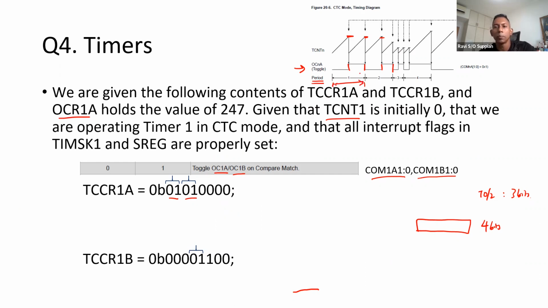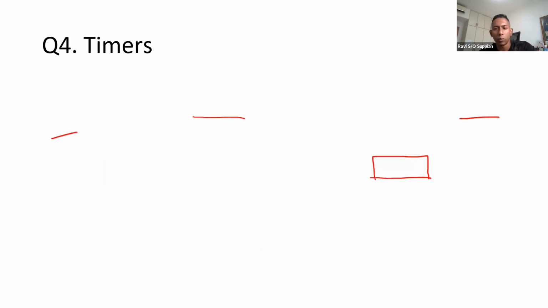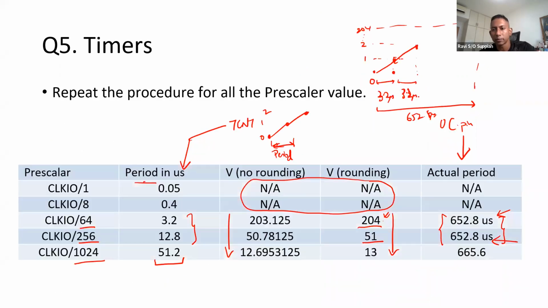So the actual period in our case would be 652.8 microseconds. That is the actual period at the output compare pin. The resolution here is the resolution of the internal TCNT register period.